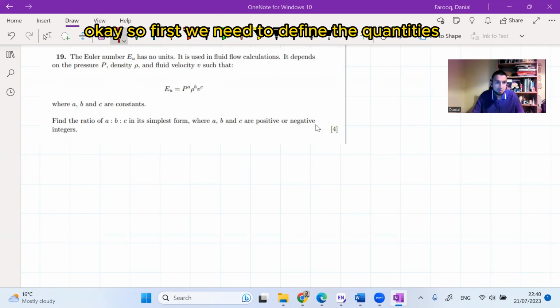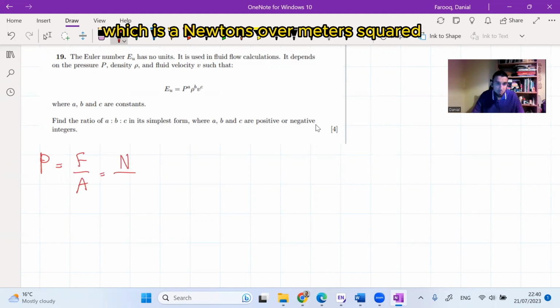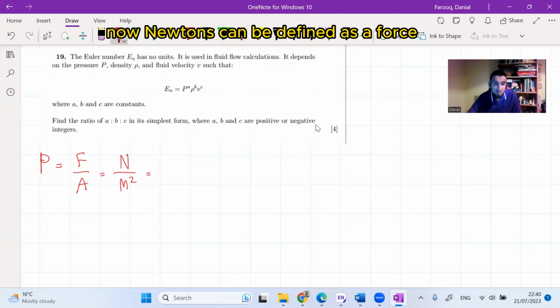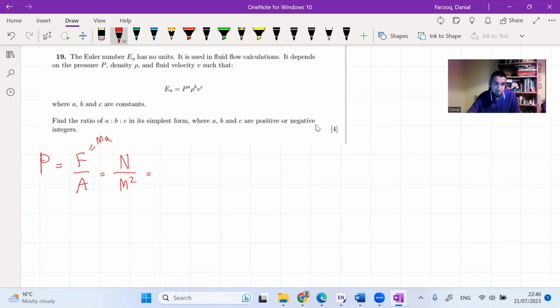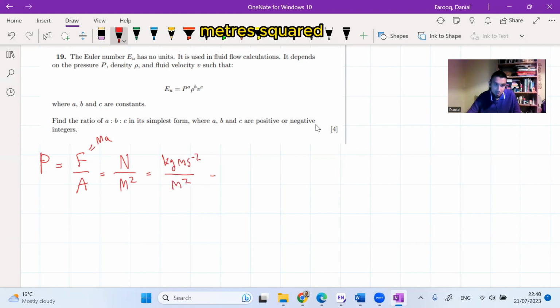Okay, so first we need to define the quantities. So pressure is force over area, which is newtons over meters squared. Now, newtons can be defined as force, which is MA. So that would be kilograms meters per second squared, over meters squared.